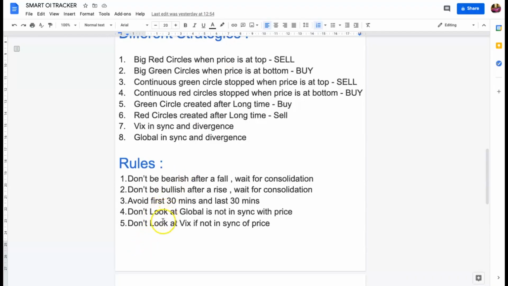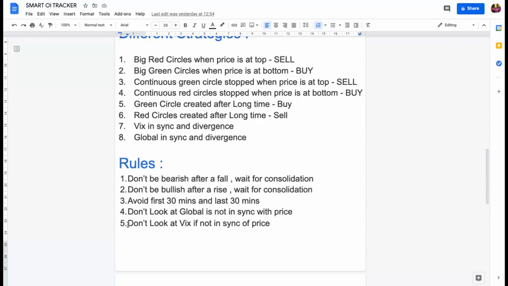Similarly, the fifth rule is don't look at the VIX if it is not in sync with the price. Like I explained, the VIX will be going upward and our market will mostly be going downward, and when the VIX is going downward, our market will be going upward.